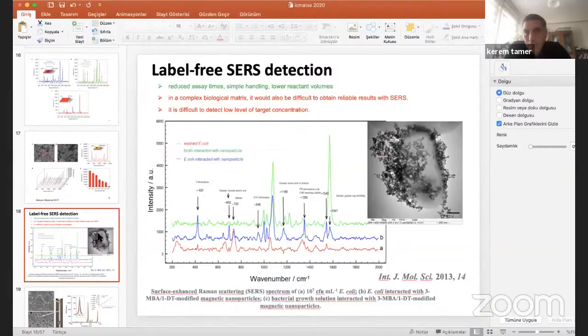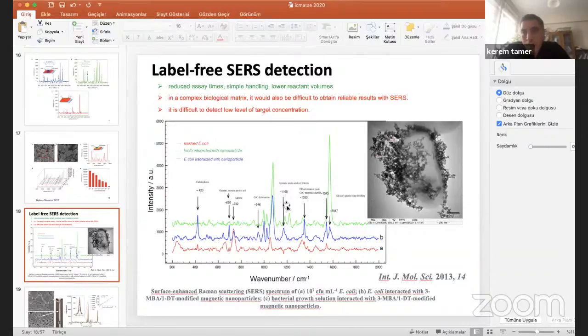Actually, here we demonstrated that you can use, for instance, a boronic acid substrate just to bind to the bacteria samples. Okay, then remove the bacteria from the matrix and apply the laser, and you can get the signal. As you see, we can get some bacteria species signal.